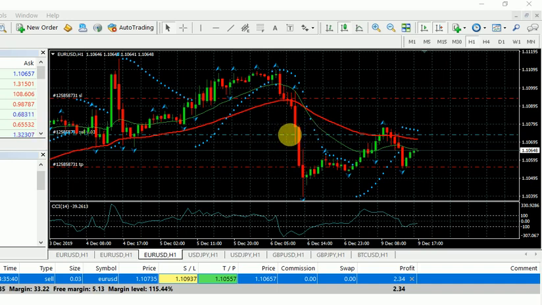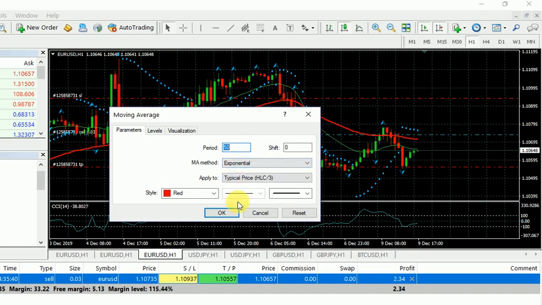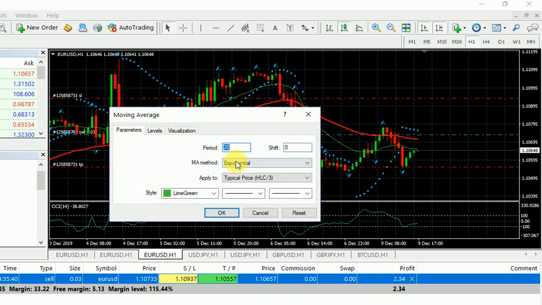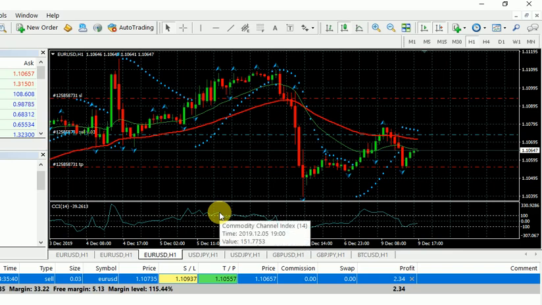So let's start. You can see I am using the candlestick chart here, and there are only two indicators used here. One is the 50 exponential moving average, and the other is the 20 moving average, which is green.